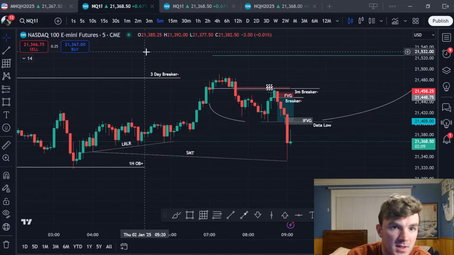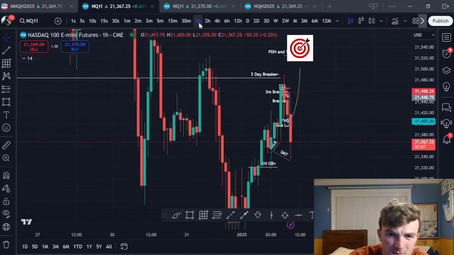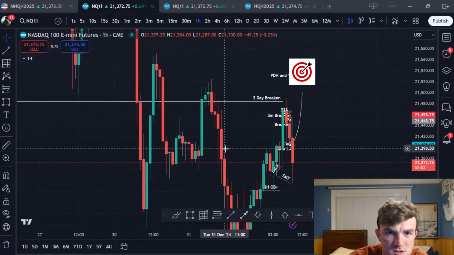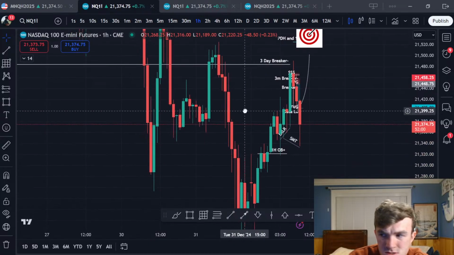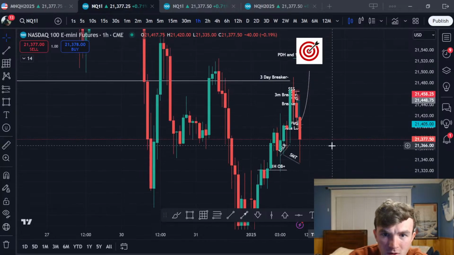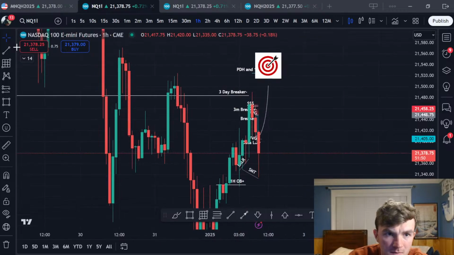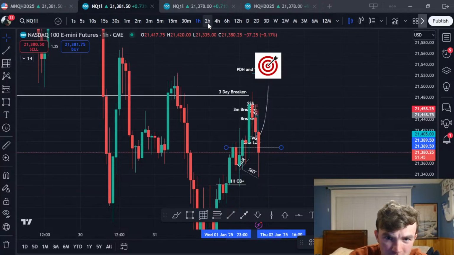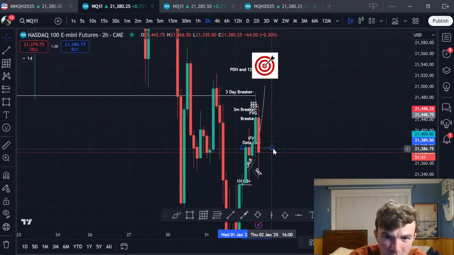Yeah, I'm still thinking that this could be London reversal, New York continuation day. I'm just trying to figure out how that would work. Like, I guess we would have to hold this 2-hour order block.